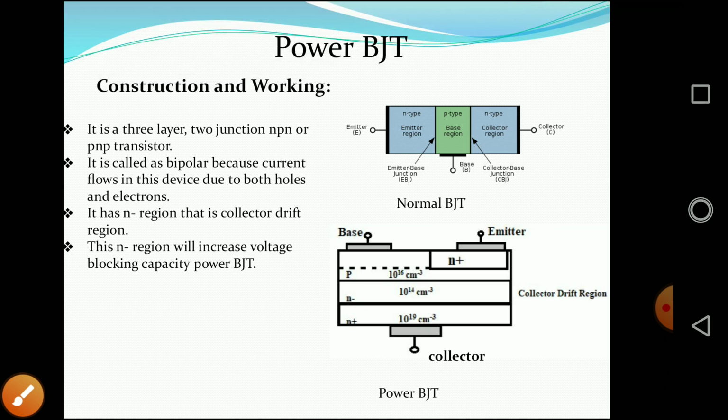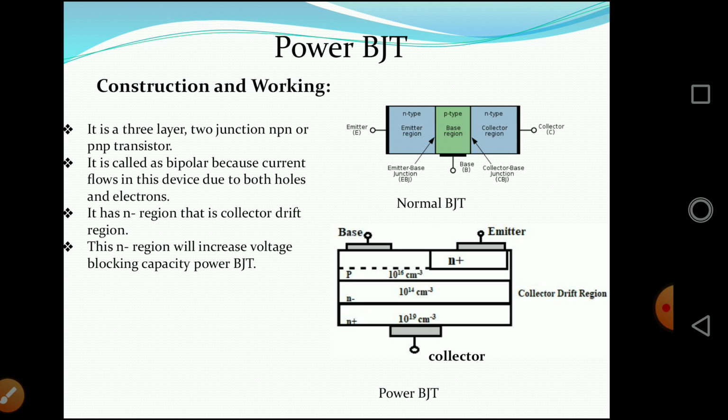Next, the power BJT is a three-layer, two-junction device, NPN or PNP. It is also called bipolar because the current constitutes both charge carriers, holes and electrons. It has an N negative region called the collector drift region, and due to its presence, the voltage blocking capacity of the power BJT increases.